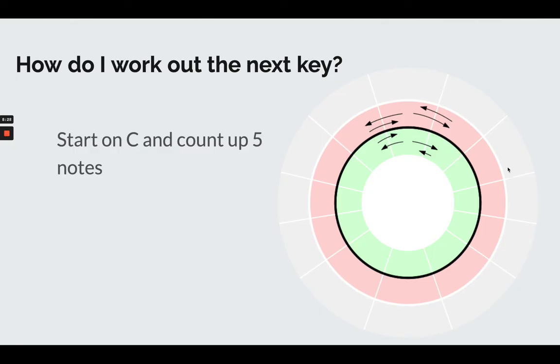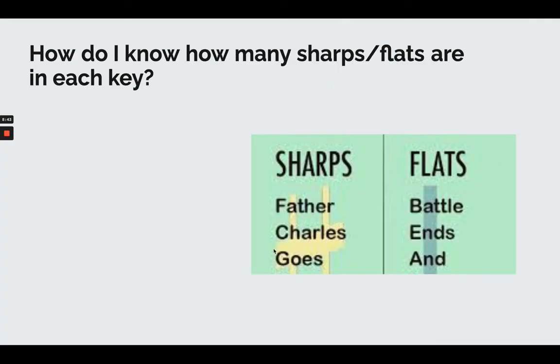So in our next key, remember we are going up in sharps, up in a key. So G major, our next key, perfect fifth up, is D major. So what sharps will we have in D major? We know that we will have 2. So that's going to be F for father and C for Charles.